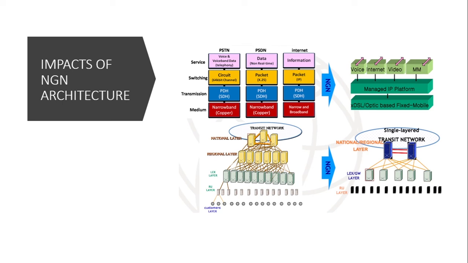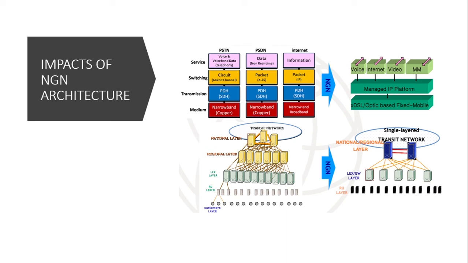Whereas in the picture on the right, where the services on the left are being transferred into NGN, we can see that voice, internet, video, and or multimedia are actually going into the same block, the managed IP platform, and then going to the same block as well as on the xDSL or optic-based fixed mobile. And they can also be seen in the lower figure.